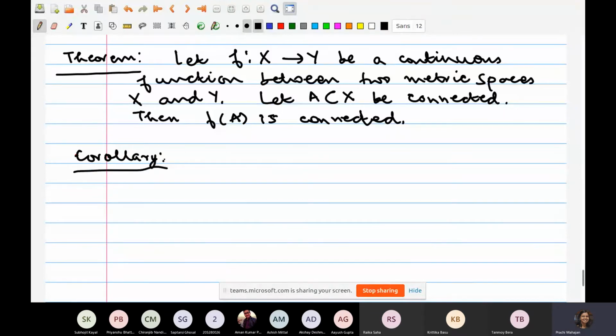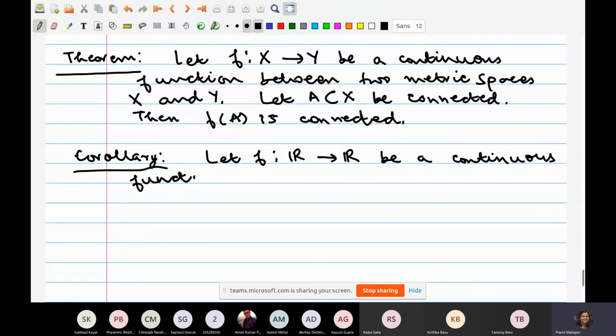So let f be a continuous function from the real line into itself. Unless stated otherwise, the real line here has the Euclidean metric. Now, let a subset of X be connected.